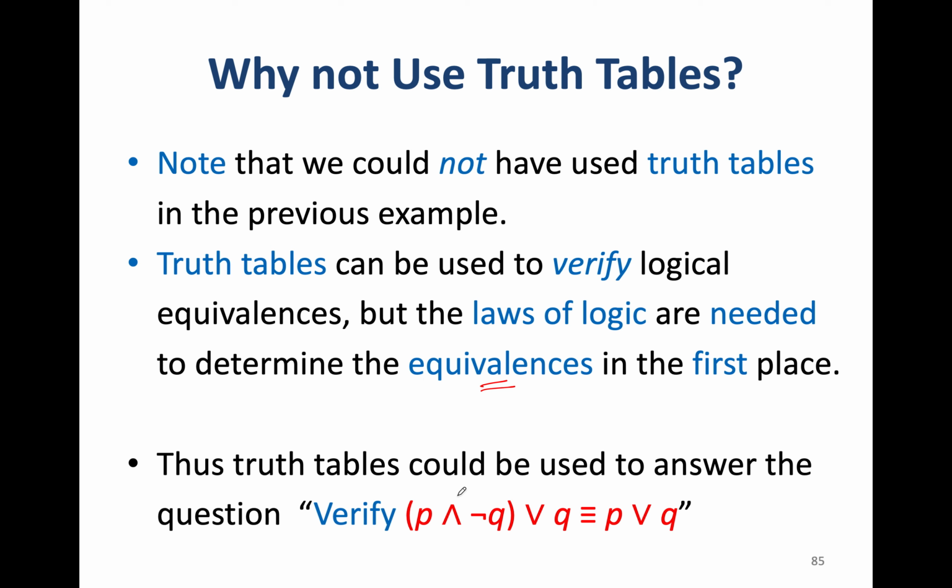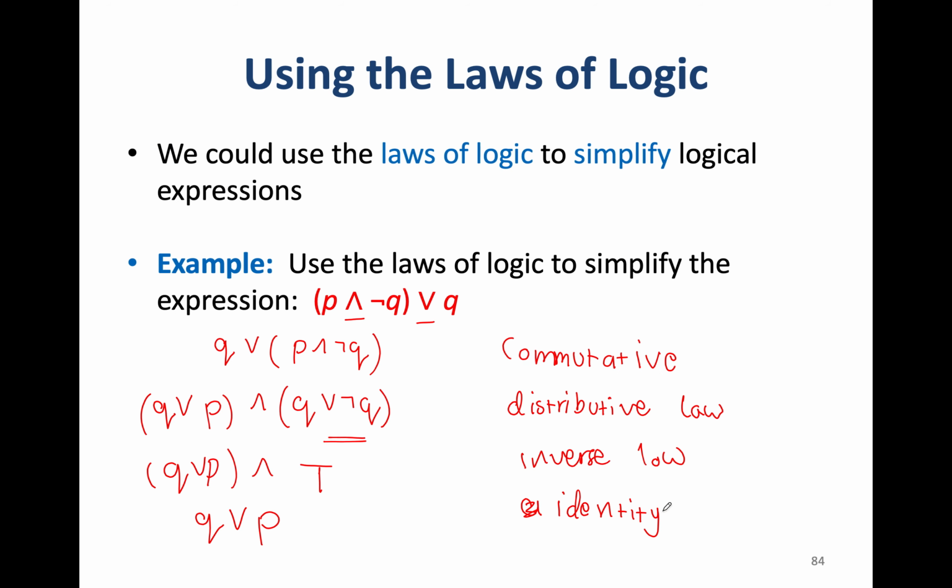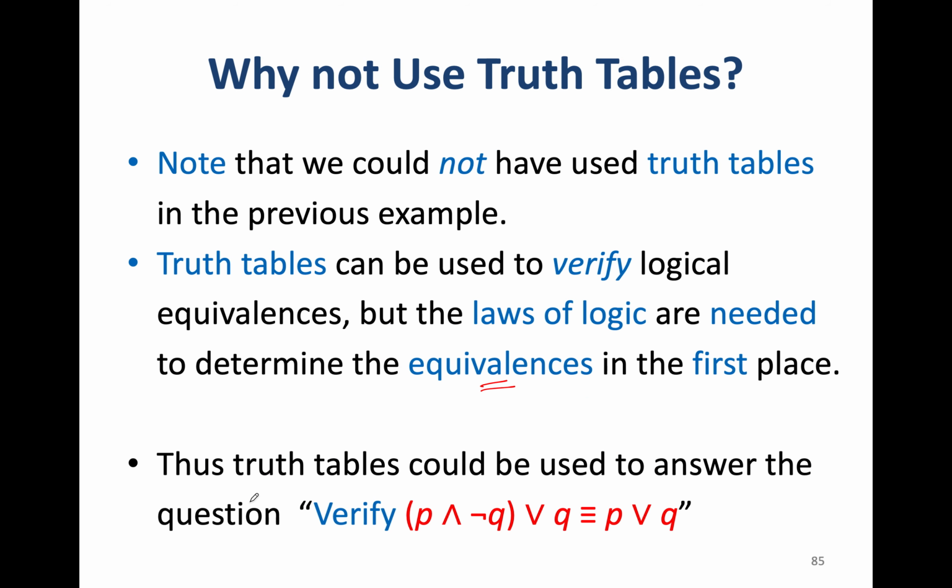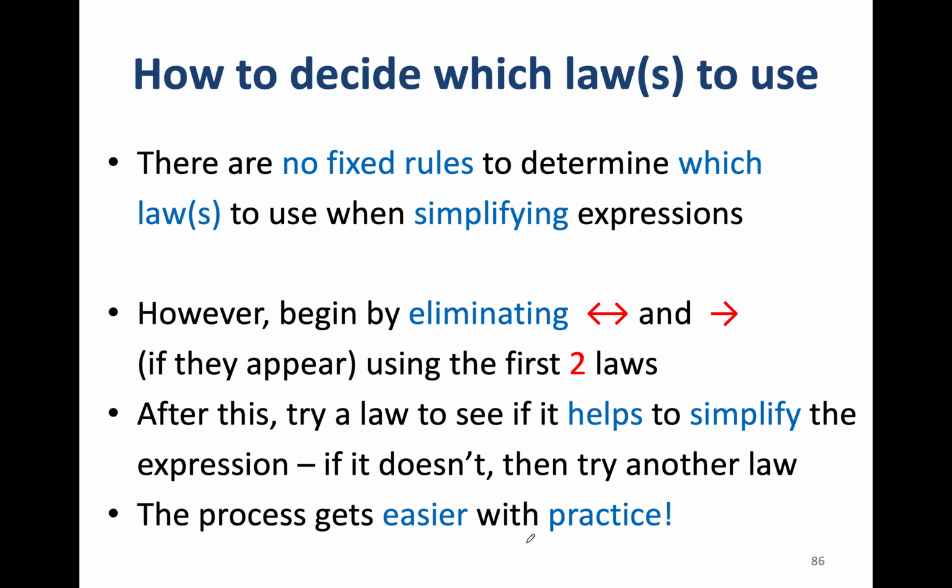For example, if we got this question, I have this P and not Q, or Q, I need to verify whether this is equal to this. And here what we did, we simplified this expression to the one you can see here. So we can use the truth table to verify that those two expressions are logically equivalent.